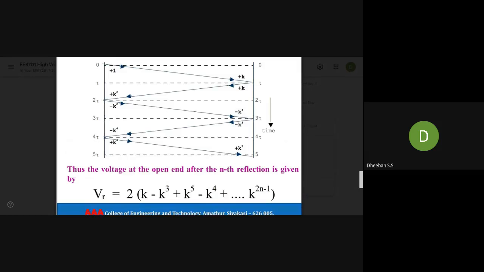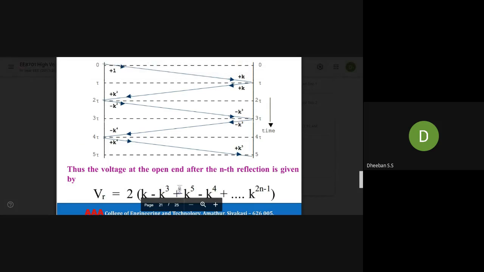Similarly, this gets repeated. So for the receiving end voltage, you'll get it with respect to your attenuation constant, the k factor.